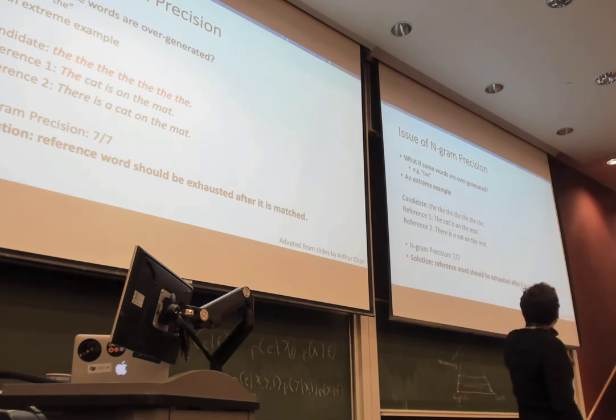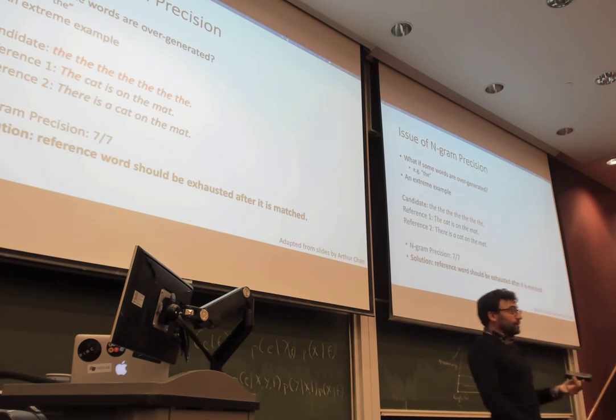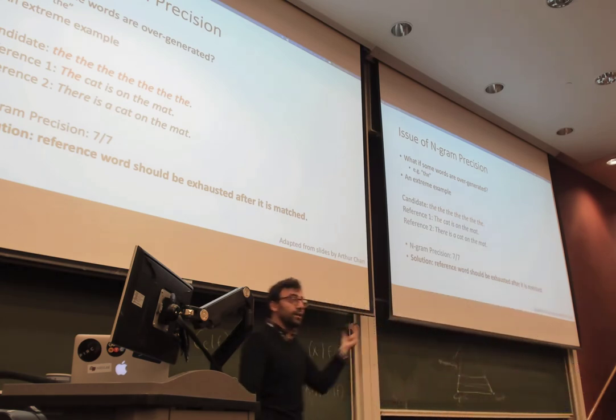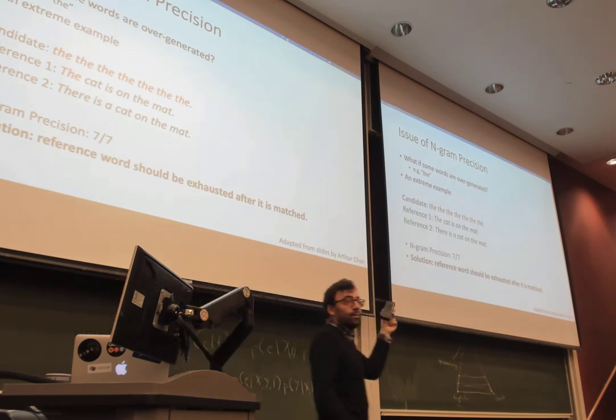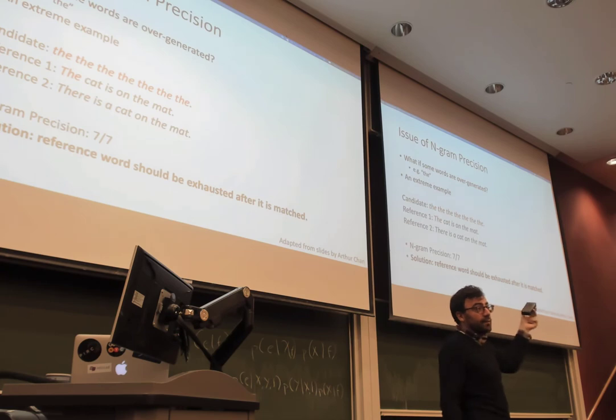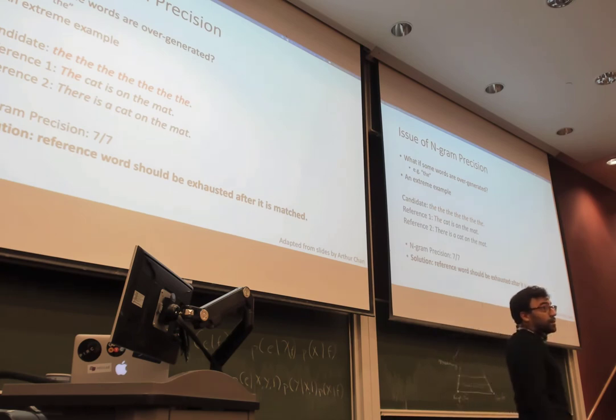And our system outputs "the" repeated. For all of those unigrams, we find the word "the" in the reference. So our precision is great, right? Everything we output is in the reference. Clearly this is not a good metric if we can game it with something as simple and clearly bad as this.